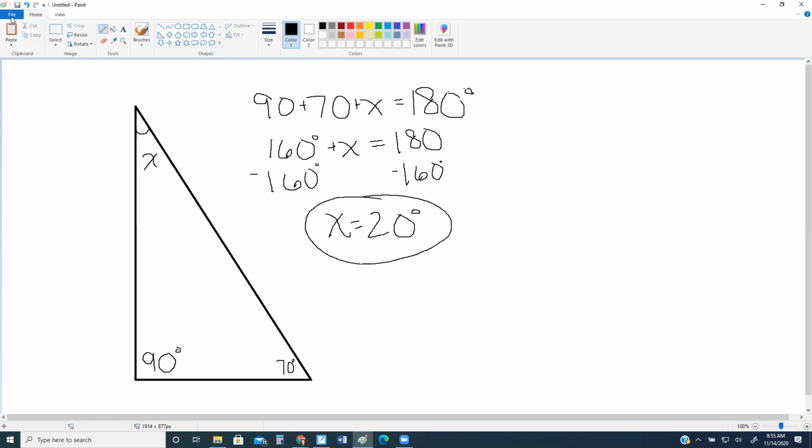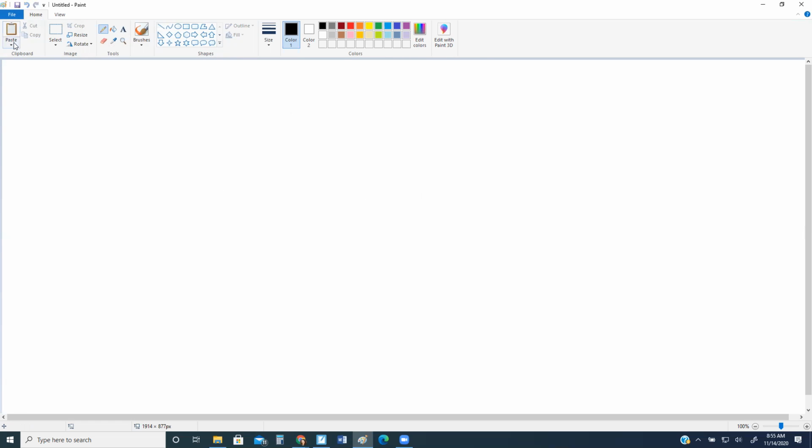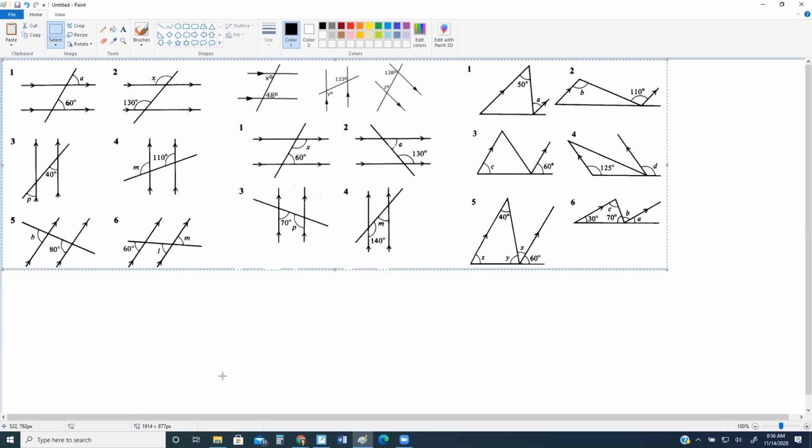So let's practice a minute. We've got some angles here, so we're just going to see if we can figure out what they are. I'm going to use green. So we've got parallel lines. All of these lines are parallel. This one's 60 degrees. Oh, I've got a corresponding angle, so this one's 60 degrees.